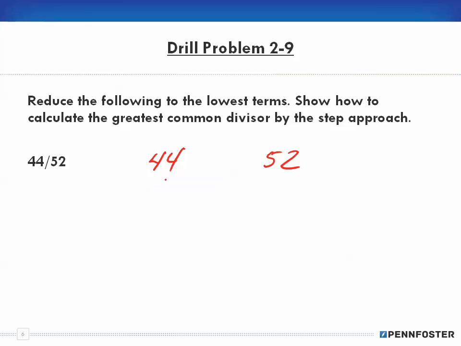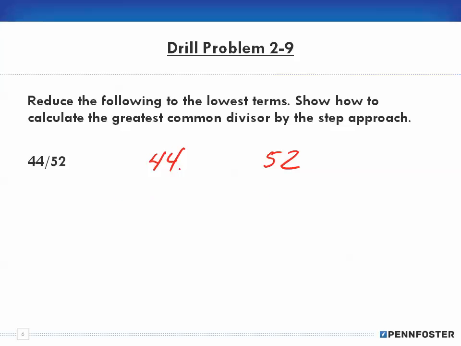If I say 11 doesn't go into both of them, right? That's too much. 5 doesn't go into both of them. Does 3 go into 44? 3 into 4 goes one time. I have 14 left over, so 3 doesn't go into 14 equally.